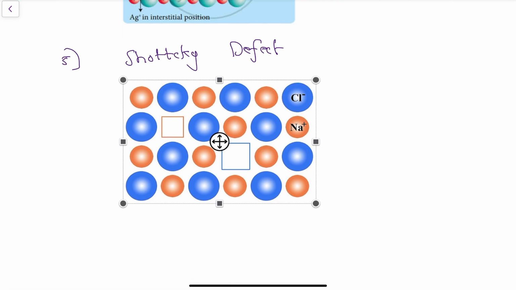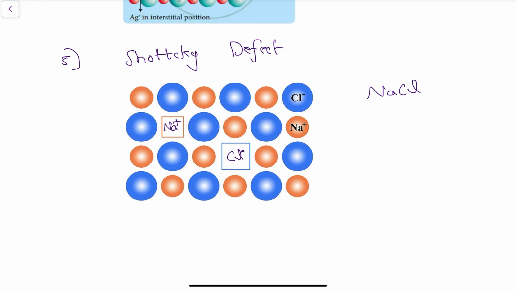In a Schottky defect, as you can see, this is a sodium chloride crystal. Here there should have been a sodium ion, but it is missing, and here also a chloride ion is missing. So you can find a cation vacancy and an anion vacancy.